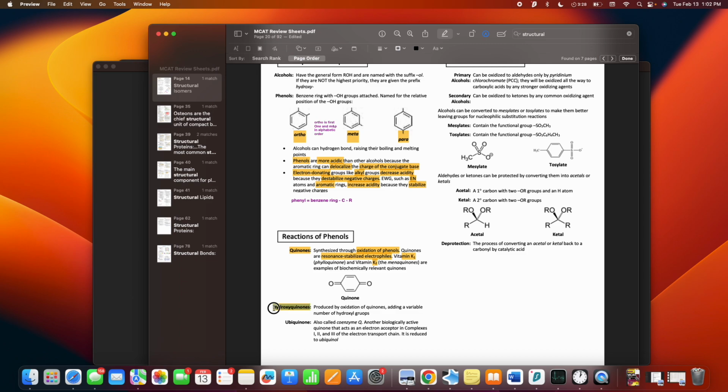Hydroxyquinones are produced by oxidation of quinones. So one level of oxidation of phenols gives you quinones, and another level of oxidation of quinones gives you hydroxyquinones, adding a variable number of hydroxyl groups. Oxidation is the loss of electrons.